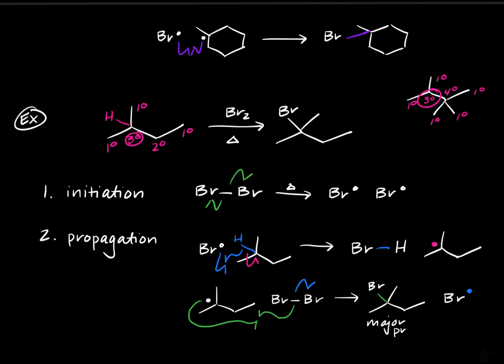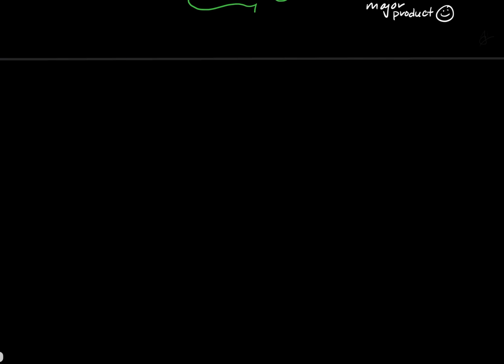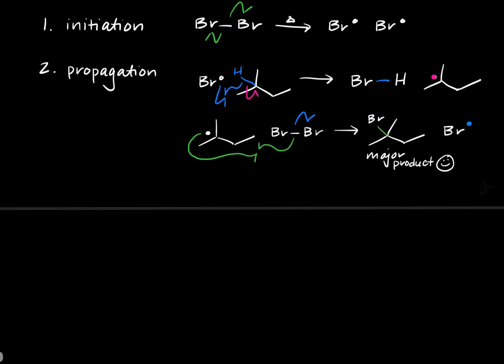So we can now talk about our final step, which is our termination step. Here I'll draw them all, but oftentimes your teacher will only ask you to draw 1. So this is your termination step. You can take the exact opposite of the initiation step, which is everyone's favorite.